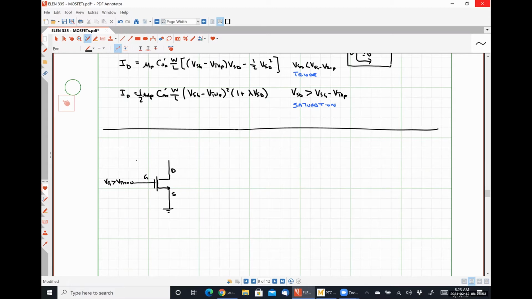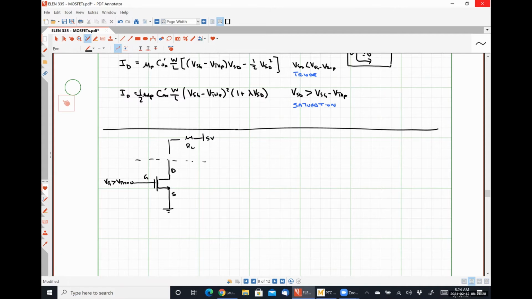I'm gonna put a dashed line here. At 5 volts or whatever, some load resistance. What does this guy do to that particular load resistor? Our transistor is on.